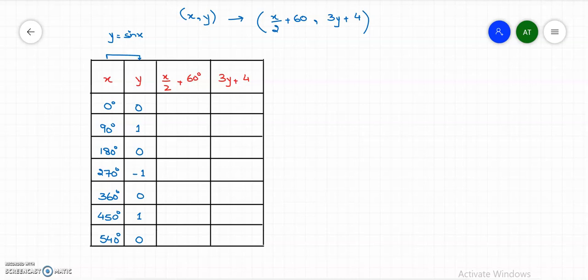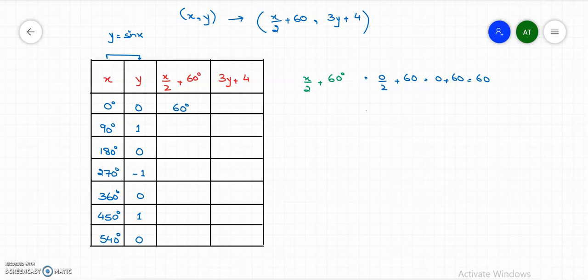Okay, so for the next column we have to do x divided by 2, and then plus 60 degrees. Let's do it. The first x value is 0, so it would be 0 divided by 2 plus 60. 0 by 2 is just 0, so 0 plus 60 is equal to 60 degrees. So the new x value is 60 degrees.